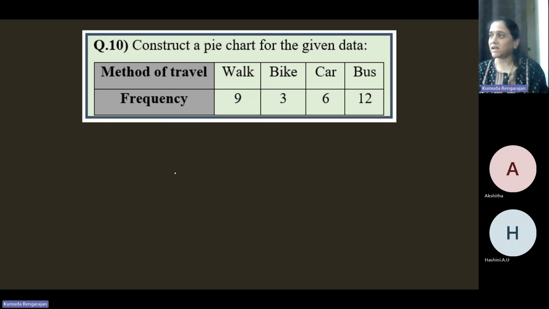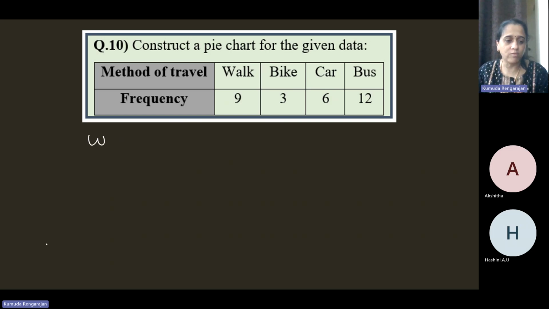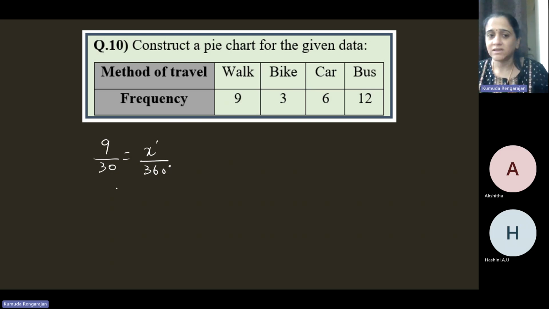Now, I'll tell you how to find the central angle using proportion. 9 by 30 for walk. 9 by 30 is equal to x by 360, x degrees by 360 degrees. 9 out of 30 is x out of 360. This 30 is the total, 360 is the total. So if it is 9 for walk, what is it in degrees?